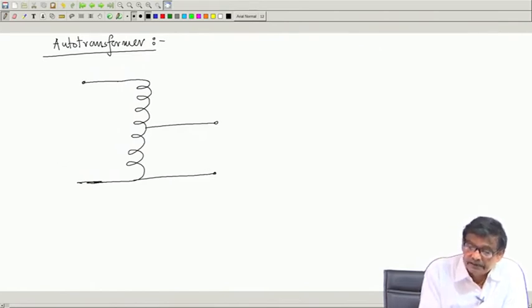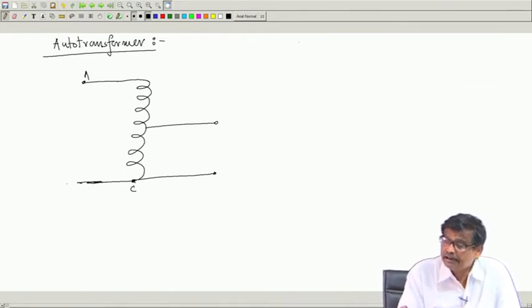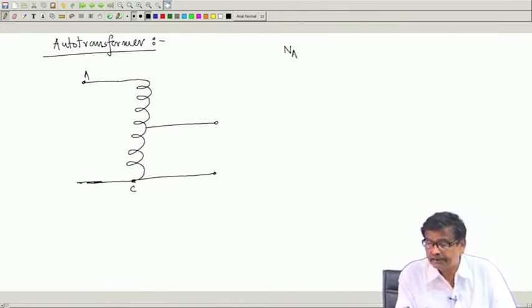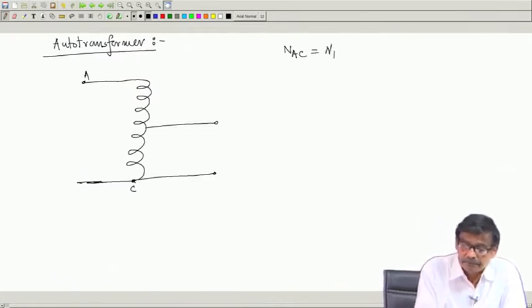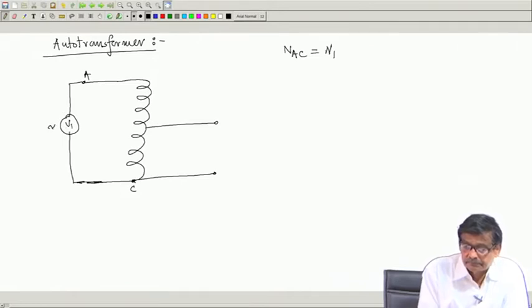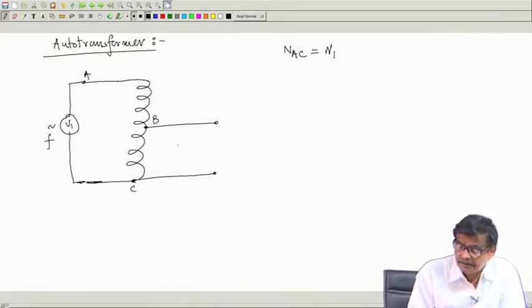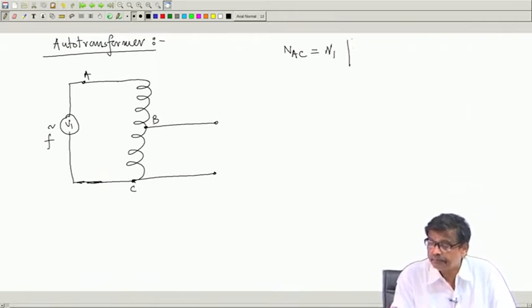I will say this terminal as A, this terminal is C, indicating common between primary and secondary, and I will say that N AC is equal to N 1, and here I will apply voltage of frequency f, and this point let me call this point to be B, and N BC I will say it is N 2.